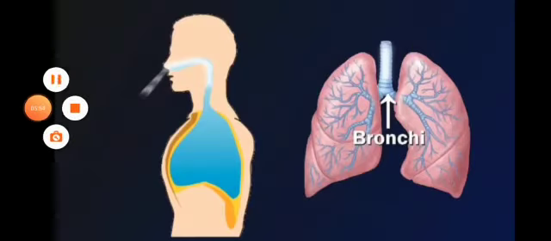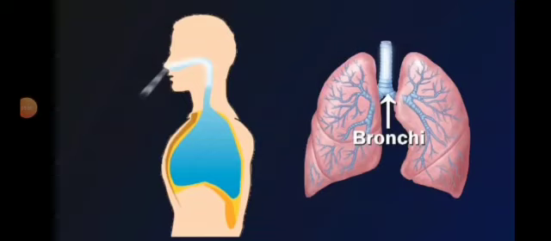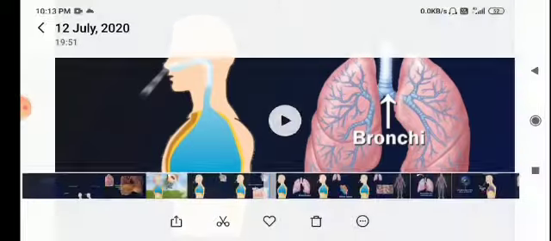Now the air which comes through our nostril to the nasal chamber now reaches the trachea. Here the gases get bifurcated or divided into two bronchi. That means it goes into the right and left bronchi, and after that it gets bifurcated in the lungs into lots of bronchioles.